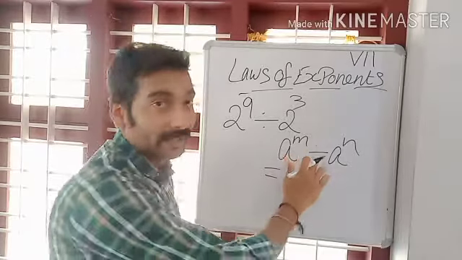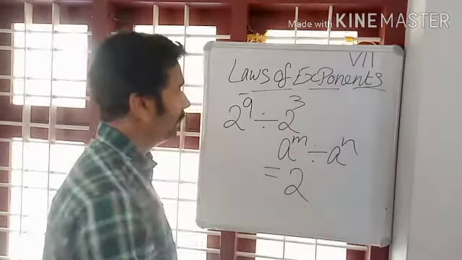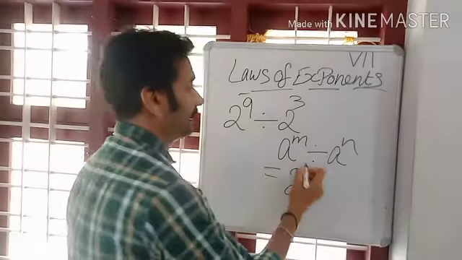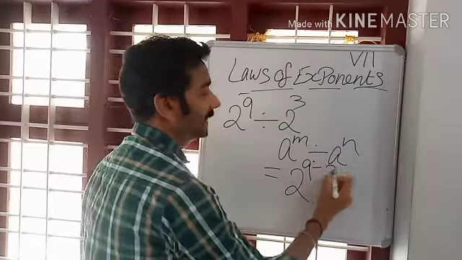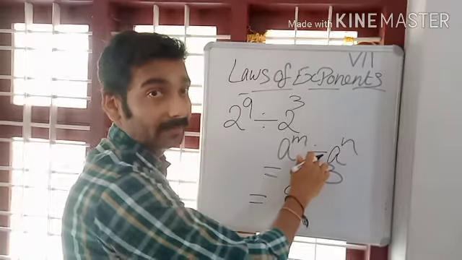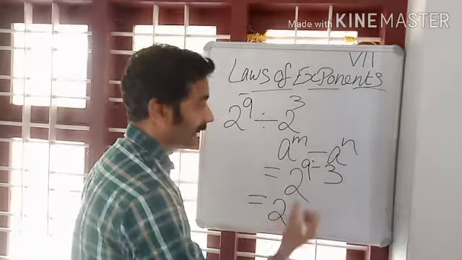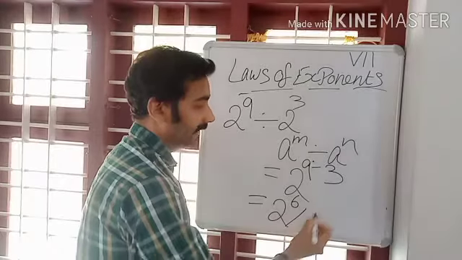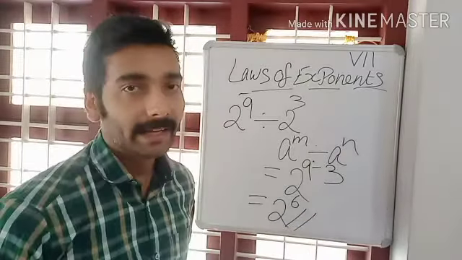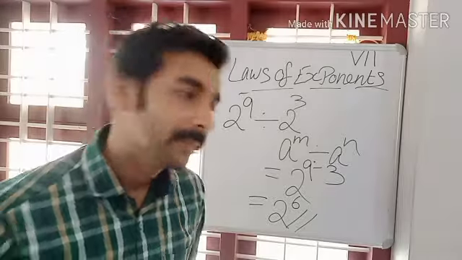In case of division, power is minus. That means 2 raised to 9 minus 3. In case of division, we subtract. That means 9 minus 3. That is 2 raised to 9 minus 3 is 6. Okay, 2 raised to 6. Okay, clear? Okay.